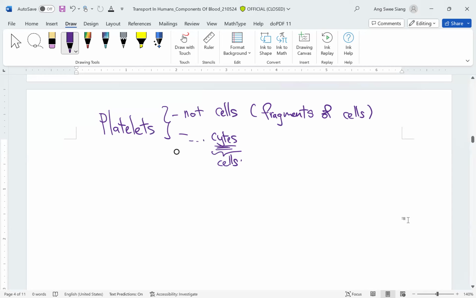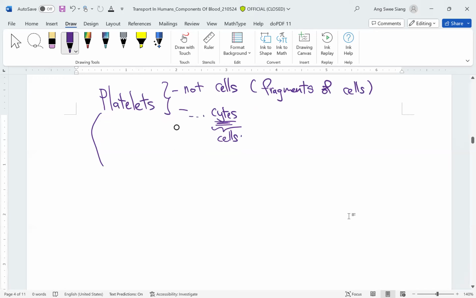Then when we talk about platelets, usually we link them to one very important process that happens in our body, which we call blood clotting. Blood clotting is very important in the healing of wounds.